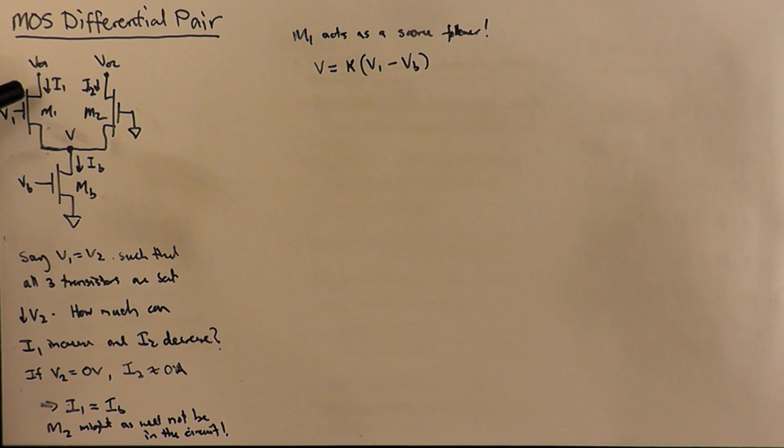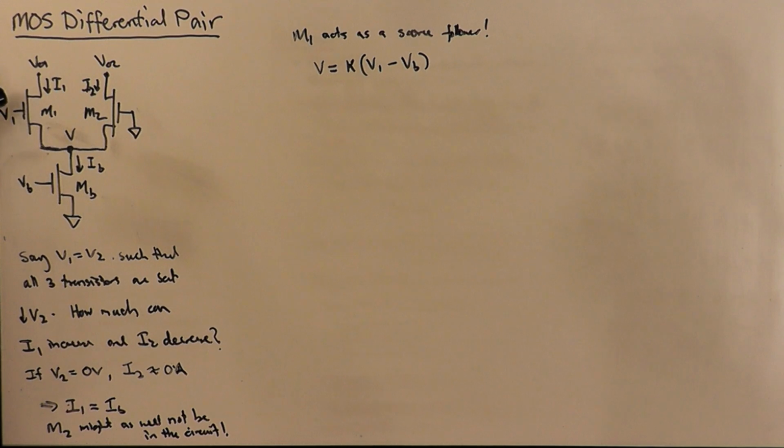In weak inversion, it's an exponential. In moderate inversion, it's some funny log squared of 1 plus e to the x over 2 function. And in strong inversion, it's a quadratic. It's parabolic. It's not quite as steep as in weak and moderate inversion, but it's expansive. And so a small difference in V1 and V2 leads to a large difference in the actual currents relative to each other, because they have the same source voltage.